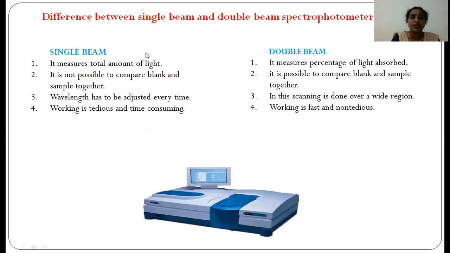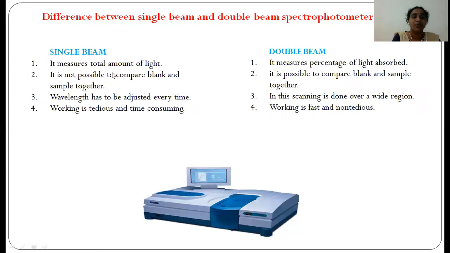So in UV spectrophotometry, single beam spectrophotometers are available as well as double beam spectrophotometers. Coming to the differences between these two: the single beam spectrophotometer measures the total amount of light, whereas the double beam spectrophotometer measures the percentage of light absorbed.